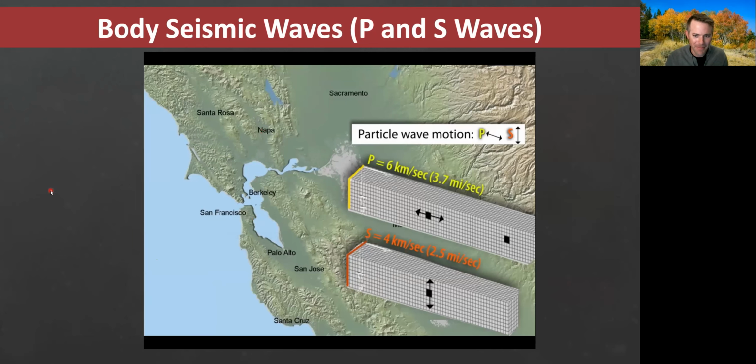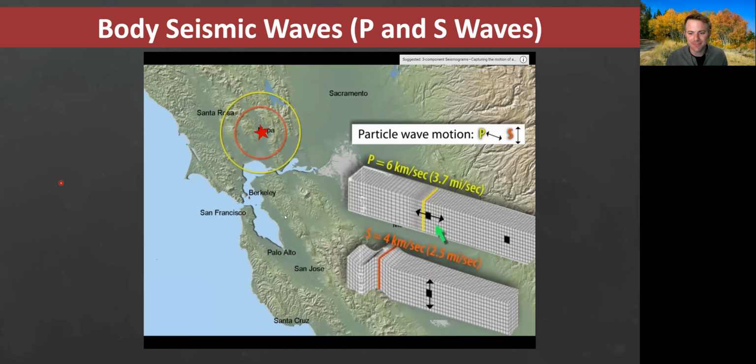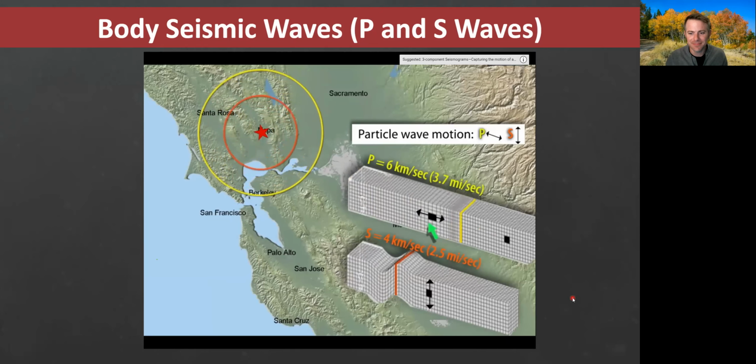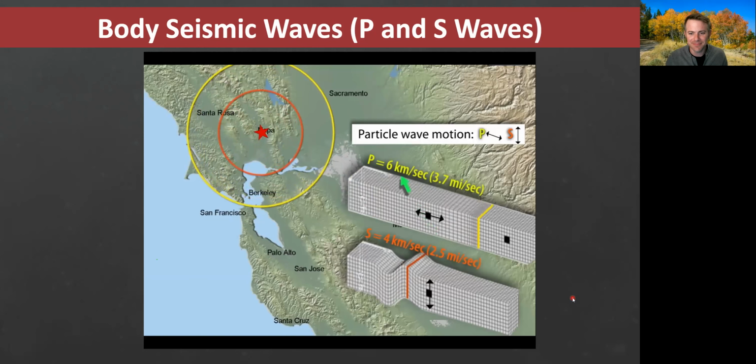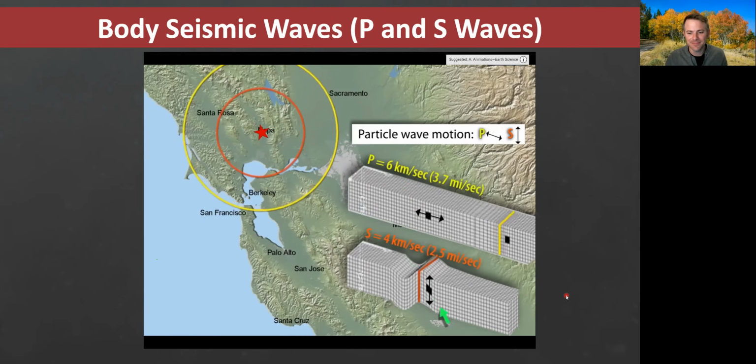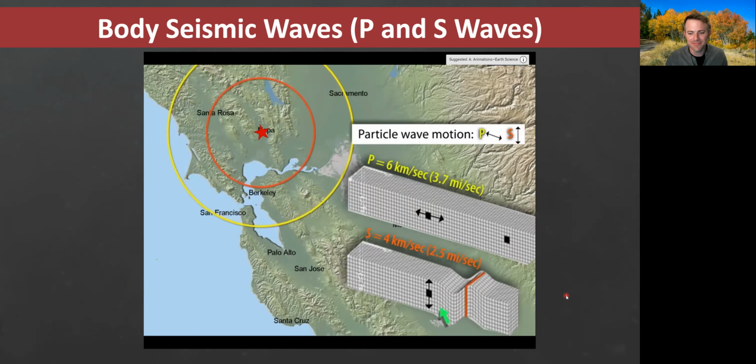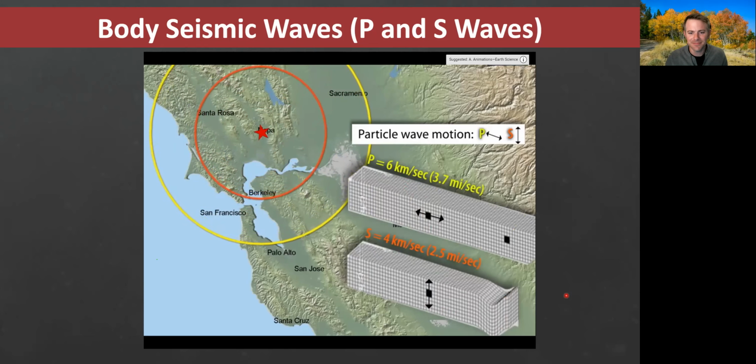P and S waves carry energy away from the hypocenter in all directions. The P wave propagates with particle motions that are parallel to the direction of propagation. It has a velocity of about 6 kilometers per second in rock. The S wave is slower at 4 kilometers per second and propagates with particle motions that are perpendicular to the direction of propagation.